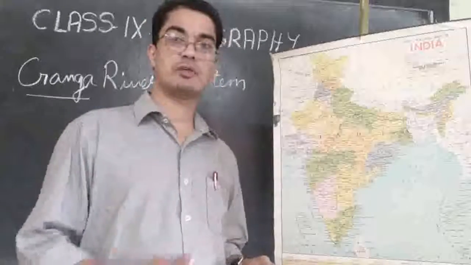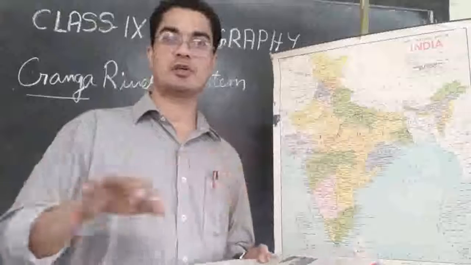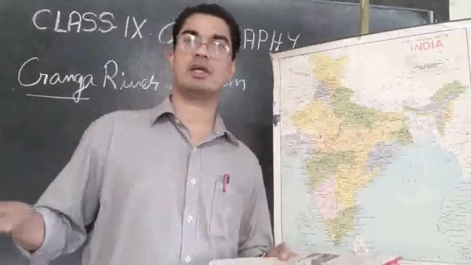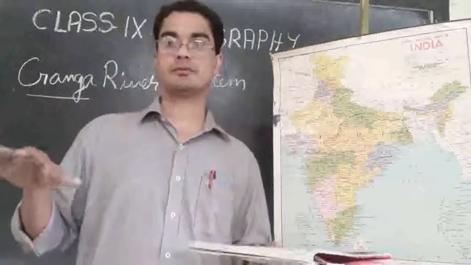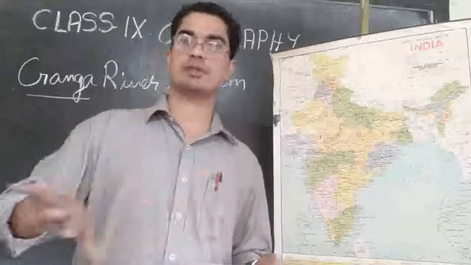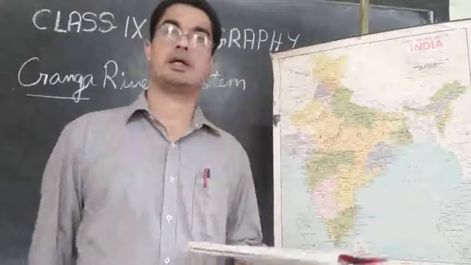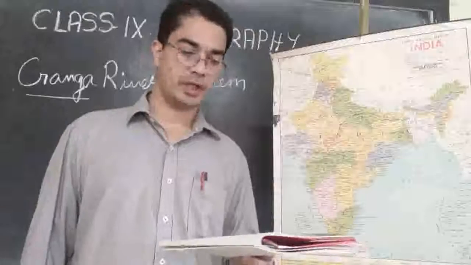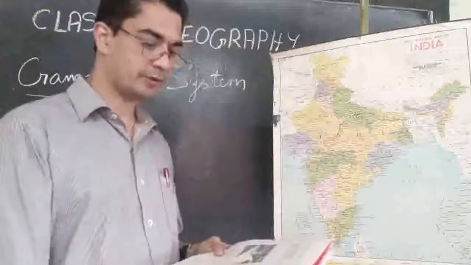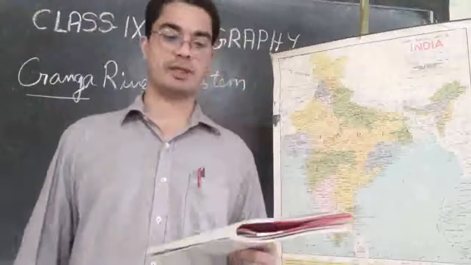These rivers are bringing a lot of silt, sand, soil, everything, and they go on depositing it at the edge of the land. So it is spreading far and far, and therefore the delta is enlarging or growing very fast. So you can remember the importance or the speciality of this Sunderland Delta.